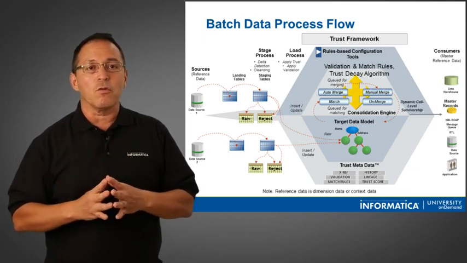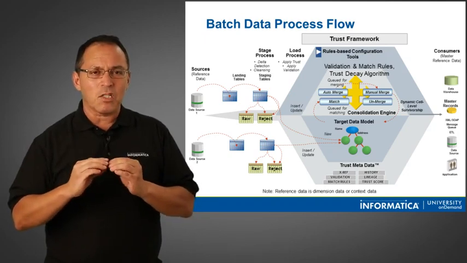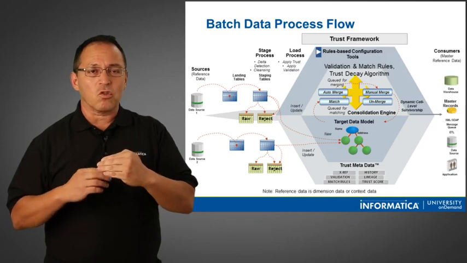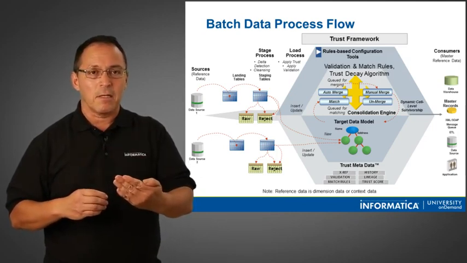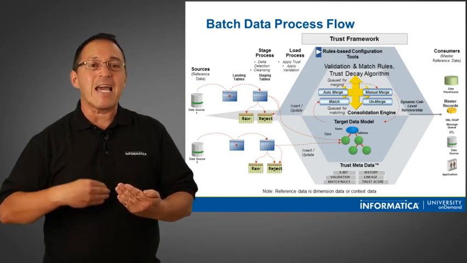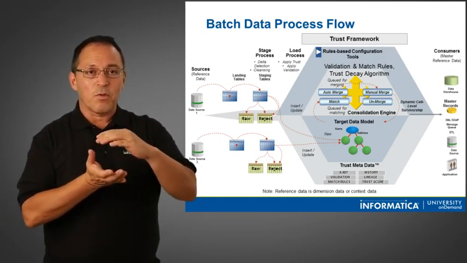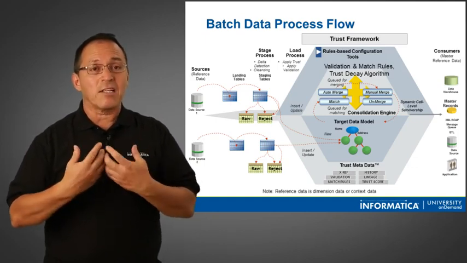Now we move over to the staging phase, and let me pause for a moment and describe several things. When I talk about the phase, there are two things going on. One is the configuration of the phase, and the other is the execution of the phase. So we're always going to configure the phase, and then if we want to actually see the results, we're going to execute that.